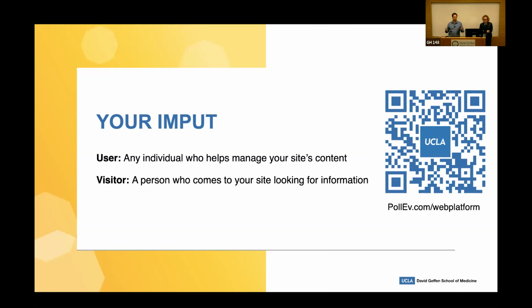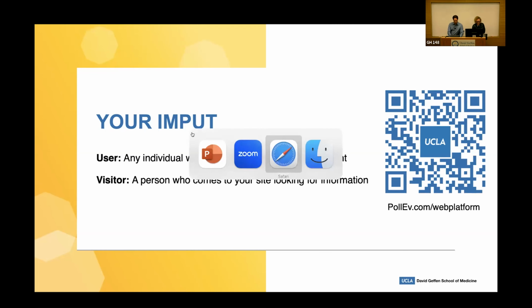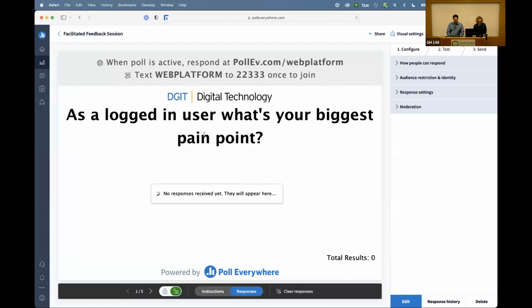And then obviously we have our visitors, who are the folks who actually use our site. That doesn't necessarily have to be a student or prospective students. It can still be some of those users as well, but just so we're all on the same page about definitions.